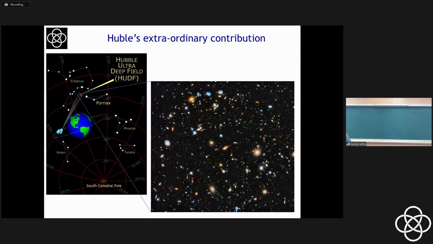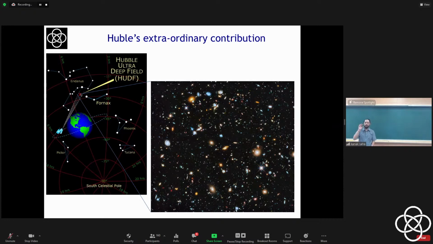This is the pointing in the southern hemisphere, near the Fornax cluster, and this is basically known as the Hubble Deep Field. But this is in a bigger patch of the sky, the Chandra Deep Field South, in which the Hubble Deep Field is a small, tiny part.